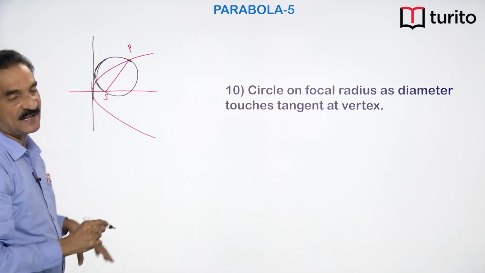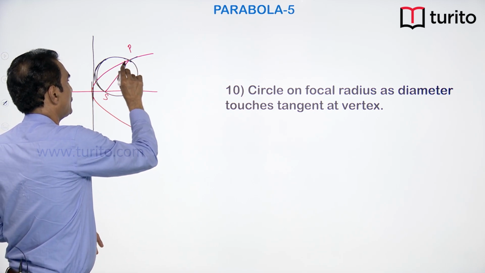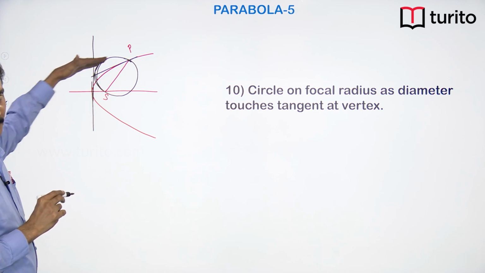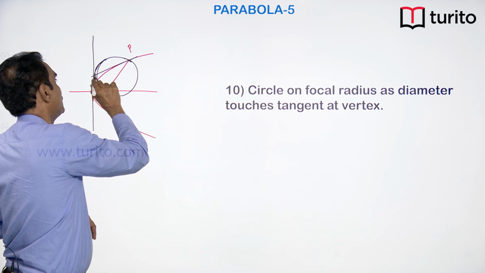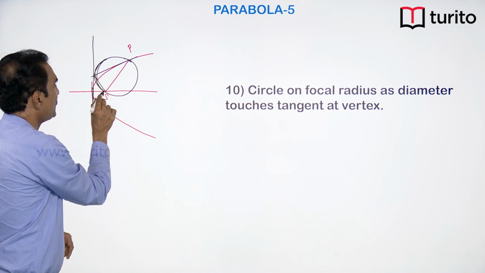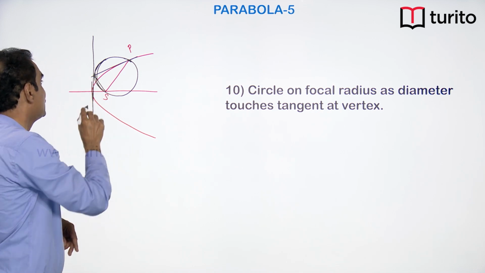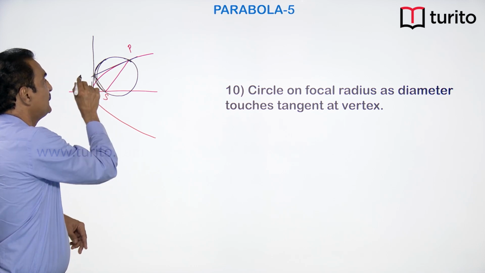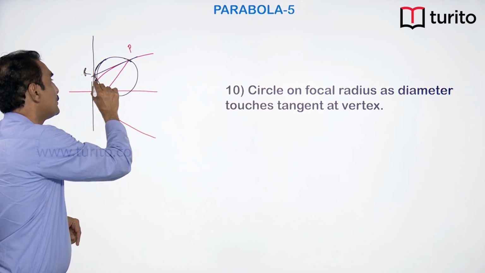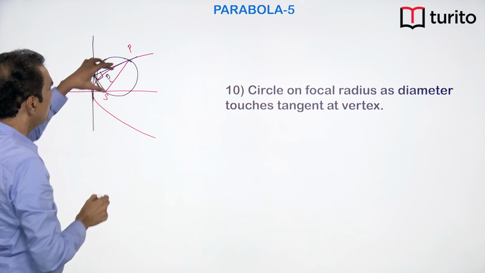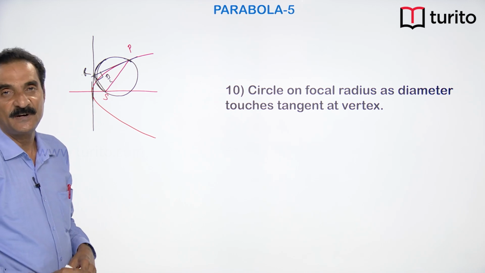The proof is very simple. You draw the tangent at P, and we know that foot of the perpendicular from the focus on any tangent is on tangent at vertex. If this is say R, it is foot of the perpendicular from the focus. So, this angle is pi by 2. So, clearly the circle with SP as diameter touches the tangent at vertex at point R.